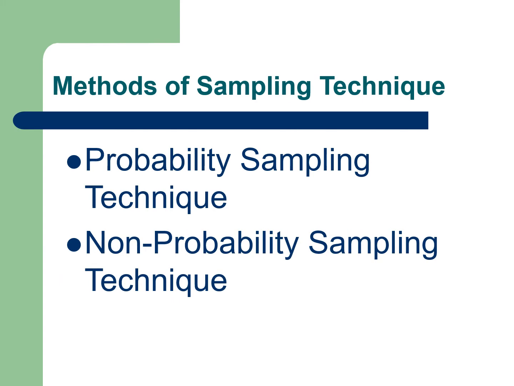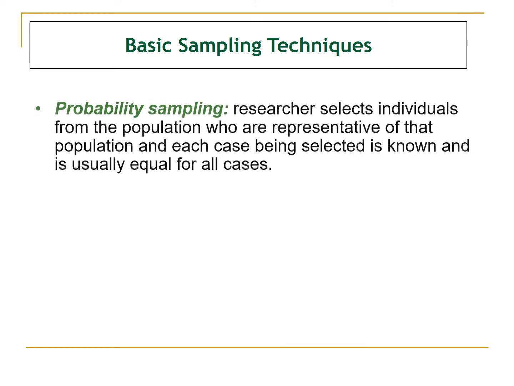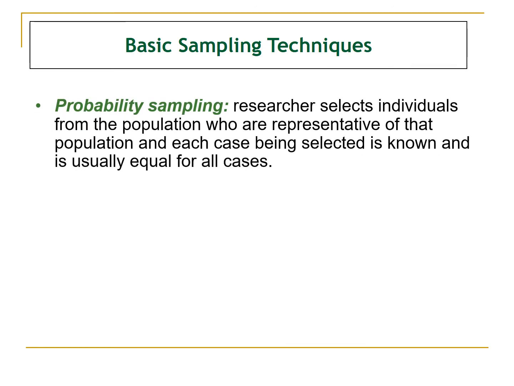Probability sampling technique is a bit more complicated than non-probability sampling technique because it entails calculation. In probability sampling, researchers select individuals from the population who are representative of that population, and the probability of each case being selected is known and is usually equal for all cases. When do we use probability sampling? When the population is known.